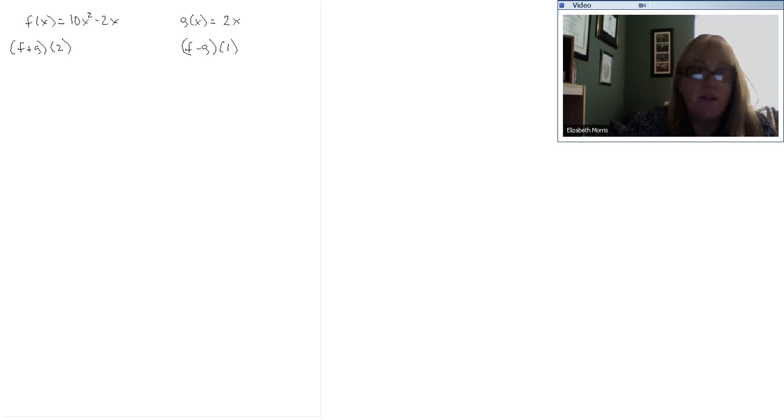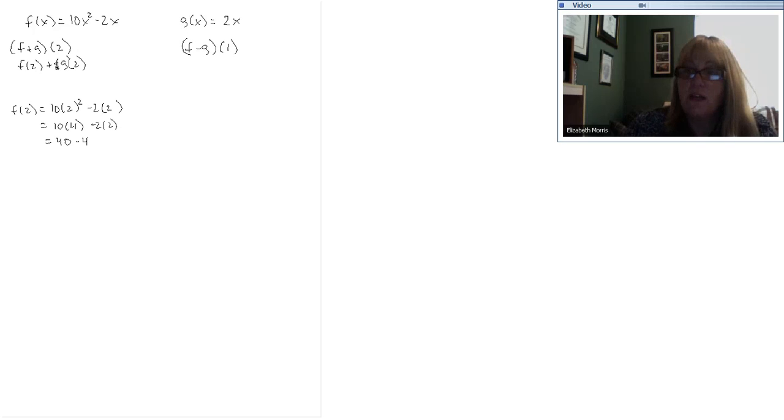All this means is f of 2 plus g of 2. Well, I don't know what f of 2 is, and I don't know what g of 2 is, but I can find out. F of 2 means wherever there's an x, I put the 2. So I get 10 times 4 minus 2 times 2, which is 40 minus 4, which is 36.